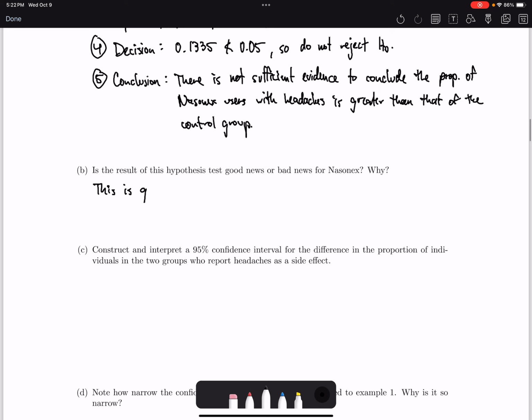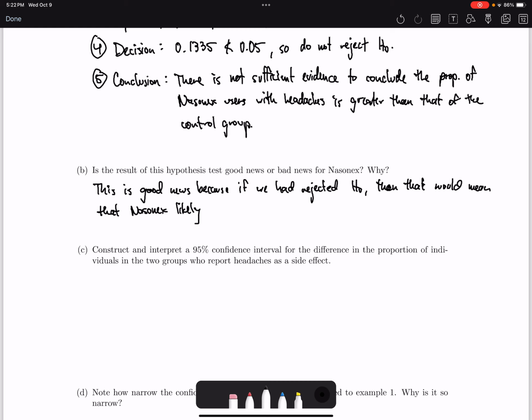This is good news because if we had rejected H null, then that would mean that Nasonex likely causes headaches, right?